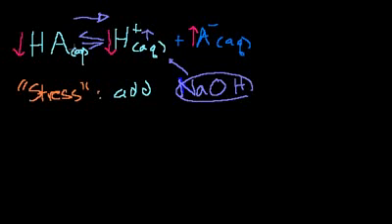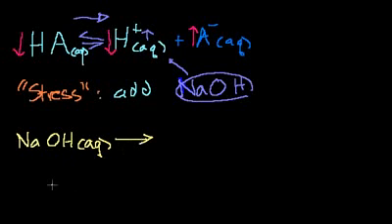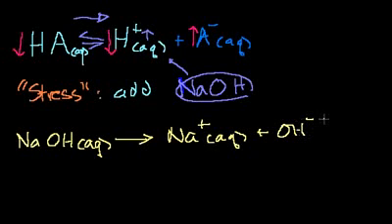So if you think about what's happening, if I just threw this sodium hydroxide in water, so if I just did NaOH in an aqueous solution, that dissociates completely into the sodium cation and hydroxide anion.